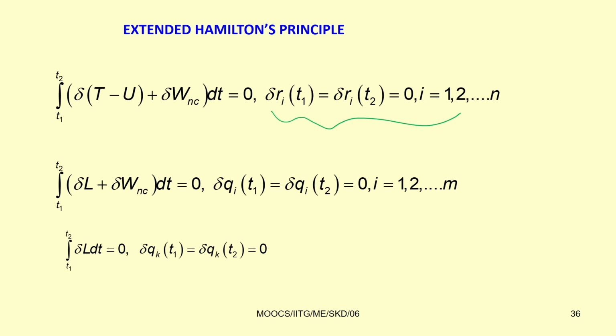Here T is again the kinetic energy, U is the potential energy, and W n c is the work done due to non-conservative forces.